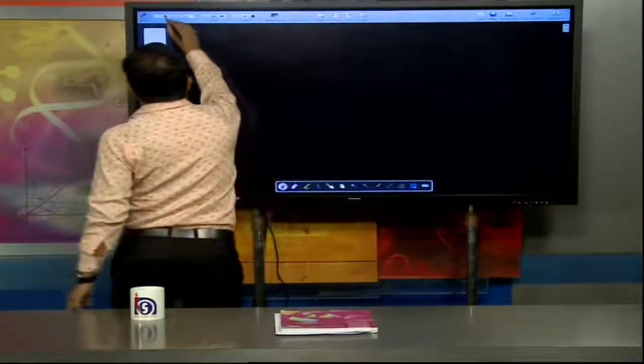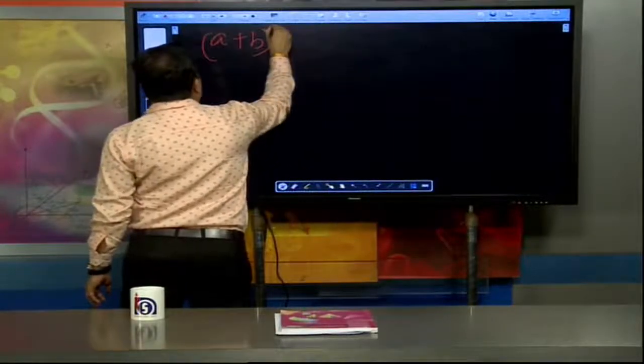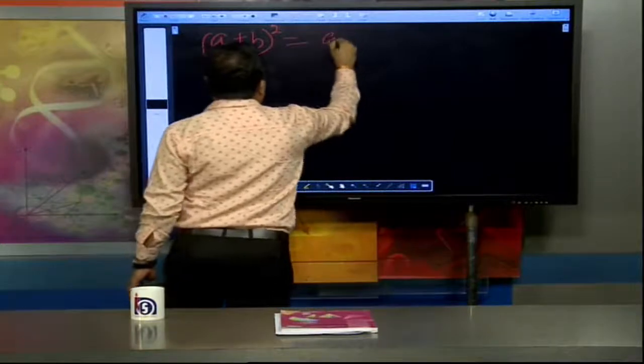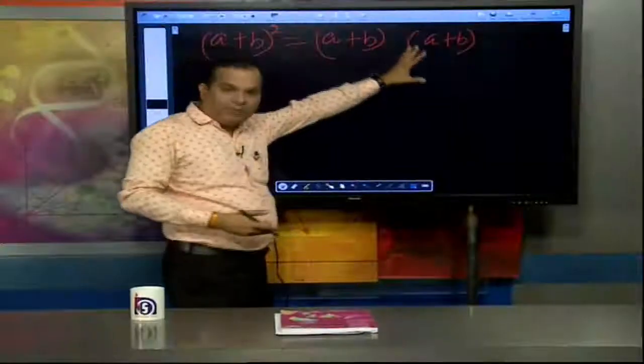Suppose we take a plus b whole square, which is equal to a plus b into a plus b. For example, if I would like to write 2 whole square, that means 2 into 2. So a plus b whole square means a plus b into a plus b.